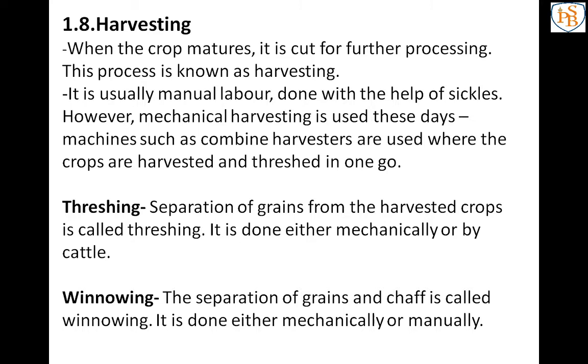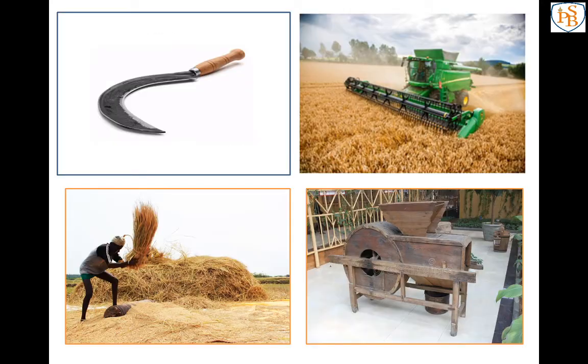When the harvesting process starts, first we have to cut the crops with the help of a sickle. You can also use a machine, a harvester, shown in the second image. So the first step in harvesting is cutting of the crops by sickle or by harvester.